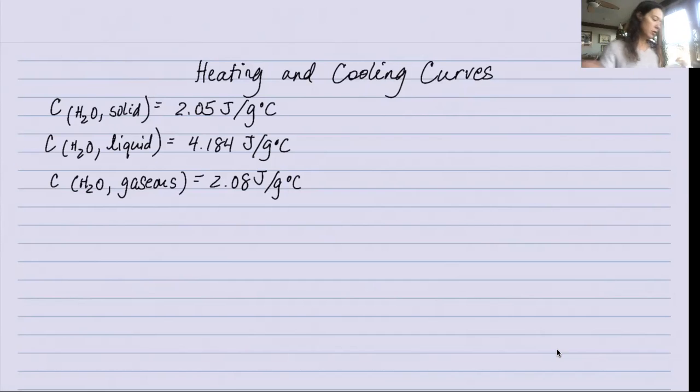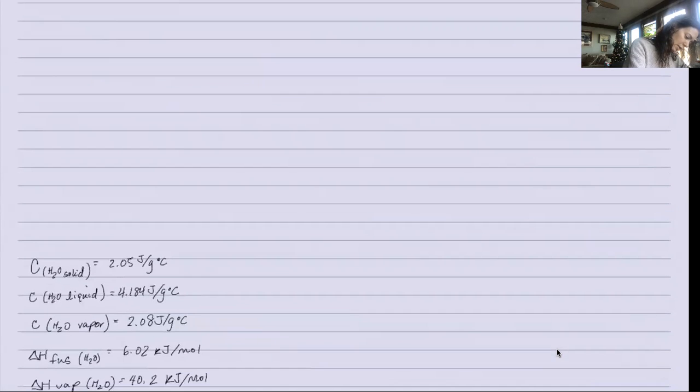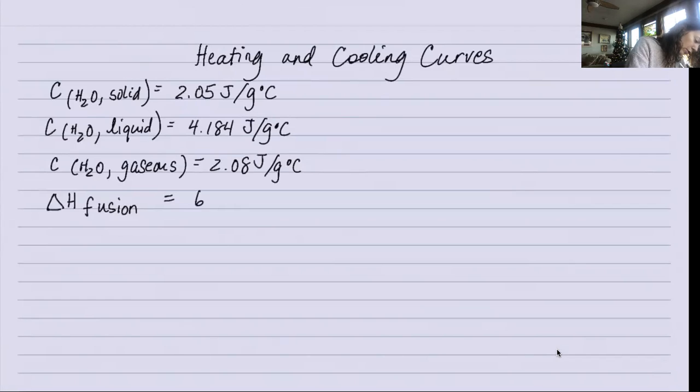It's going to be called the enthalpy, or delta, triangle means delta, H fusion. That is 6.02 kilojoules per mole, and that is particular to water.